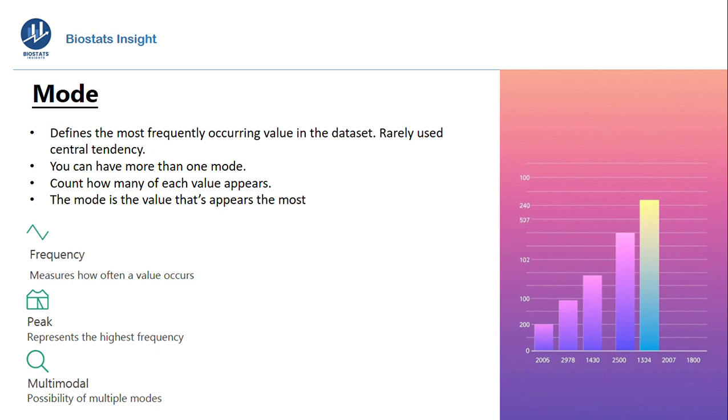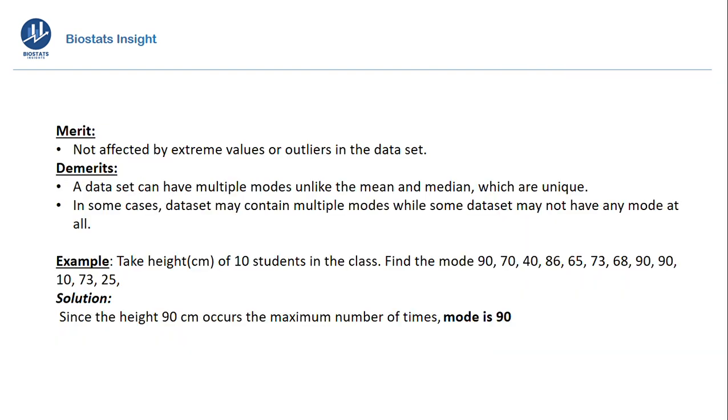It might be the case that you have multiple modes, because in the data set there may be multiple values repeated in your data. This is known as frequency, which measures how often values occur; mode represents the highest frequency, with the possibility of multiple modes. That's known as multimodal. Merit: it is not affected by extreme values or outliers in the data sets.